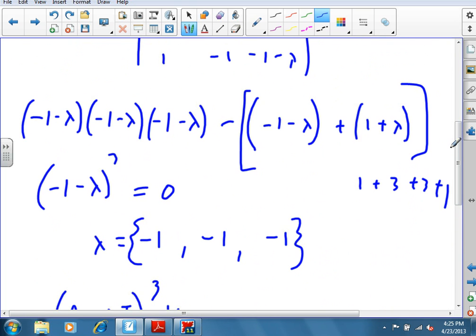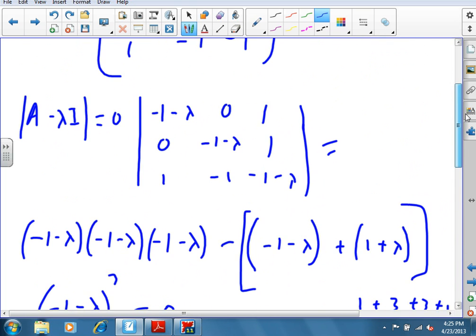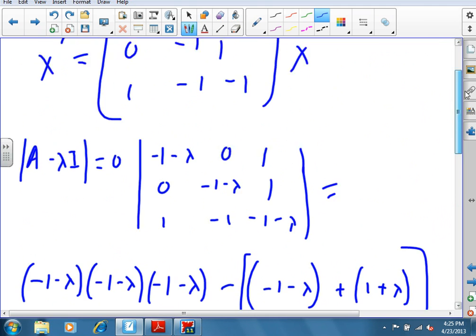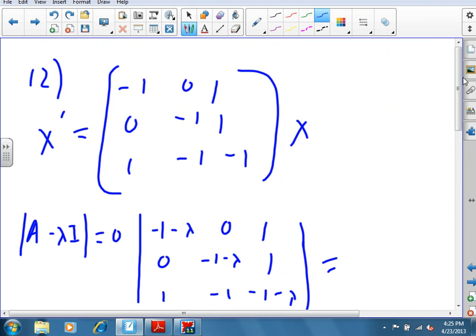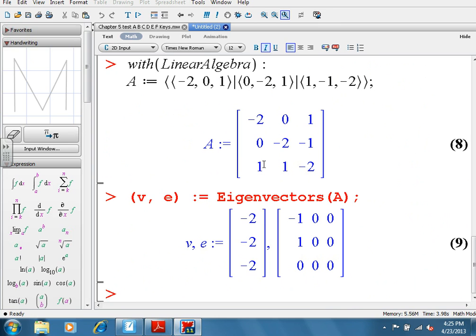We said the eigenvalues were -1. They are -1. Maple's wrong. So we solved the wrong problem? We solved the wrong problem. This is a 1. This is a 1. Don't tell me we didn't solve the wrong problem when we solved the wrong problem.